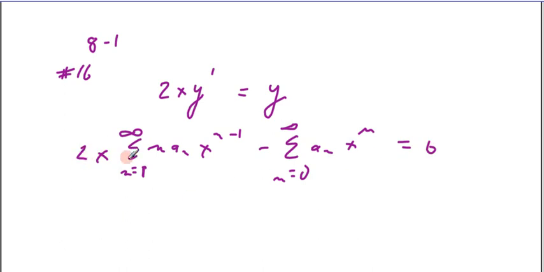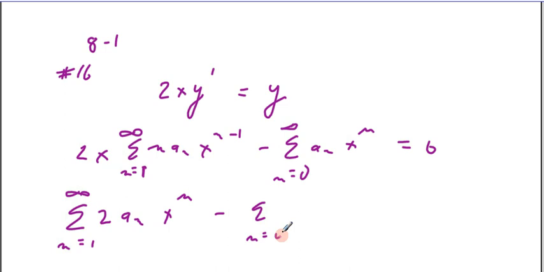We bring the 2x inside the summation sign: summation n equals 1 to infinity 2n a_n x^n, minus summation n equals 0 to infinity a_n x^n, is equal to 0.